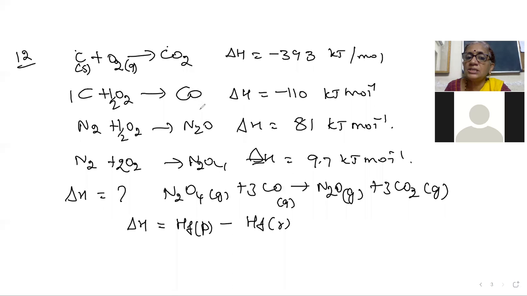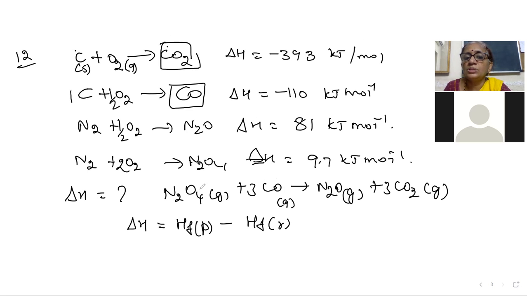The data given here can all be taken as heats of formation. This one is the heat of formation of carbon dioxide because in this reaction carbon dioxide is formed. This one is the heat of formation of carbon monoxide. This is the heat of formation of N2O. This is the heat of formation of N2O4.